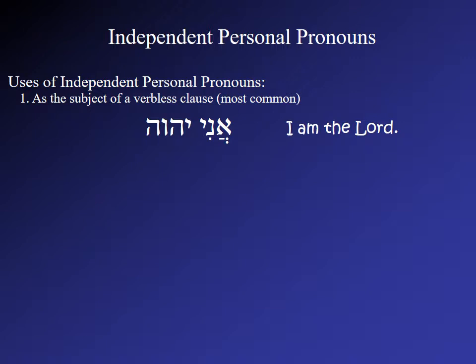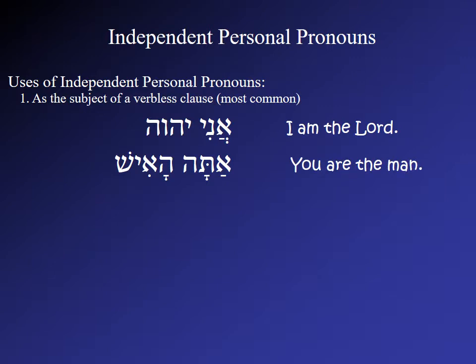Here we have no stated verb, but the juxtaposition of the independent personal pronoun with the noun suggests a be verb. Ani Adonai, I am the Lord. Or ata ha'ish, you are the man. So one use is as the subject of a verbless clause.